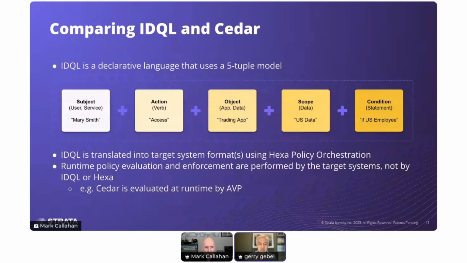But what's different is IDQL is not an authorization service, not a runtime service. We defined IDQL in a generic and declarative format so that it could be translated into the format of a target system, in this case, Amazon Verified Permissions and Cedar. So we don't have a system that does the runtime evaluation or enforcement.